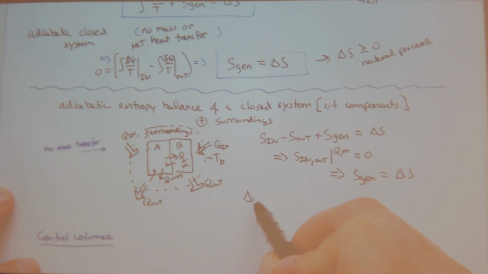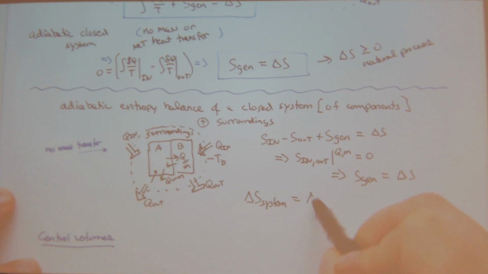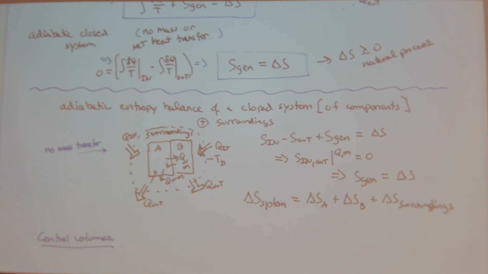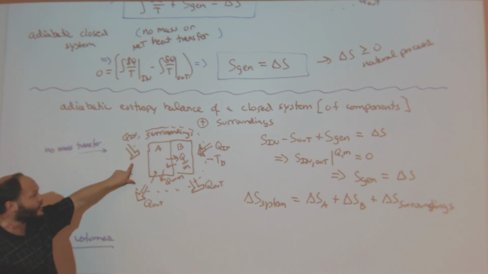So this delta S system equals delta SA plus delta SB plus delta S surroundings.